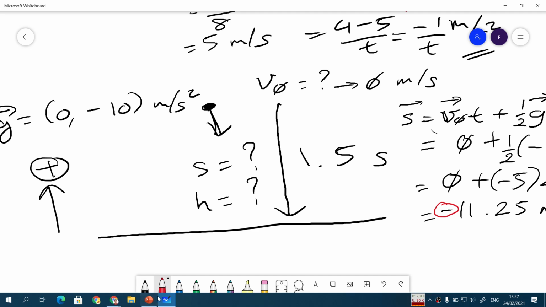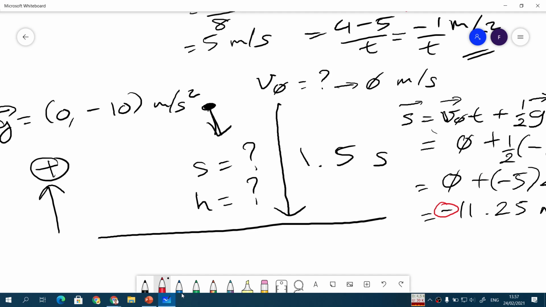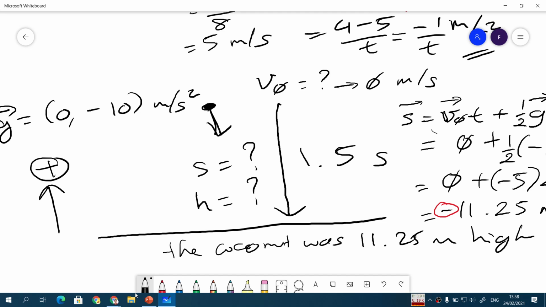If you are asked how high was the coconut, then you can simply ignore this negative. So the coconut was 11.25 meters high from the ground.